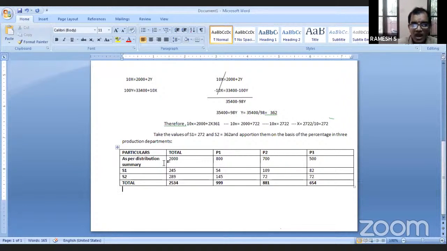These values they have given in the problem directly: 2800, 700, 500. Now, as per your simultaneous equations, you have derived those values. I hope it is clear.